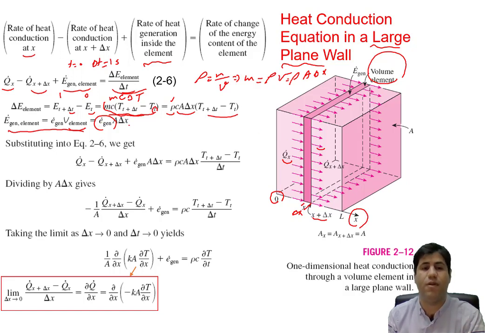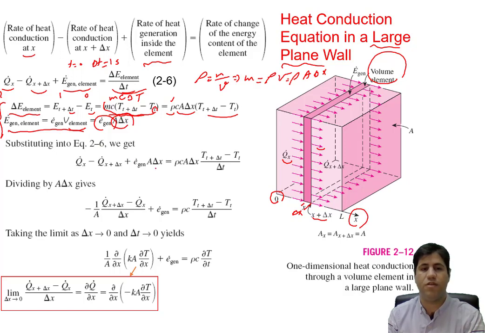We need to multiply by the volume of the element, which is AΔx. So we have ΔE of the element and the rate of heat generation inside the element. We substitute these two in this equation, and we get Q̇ at x minus Q̇ at x plus Δx.